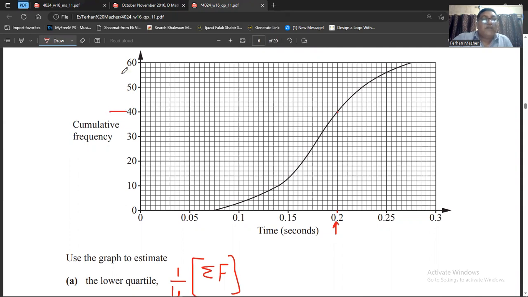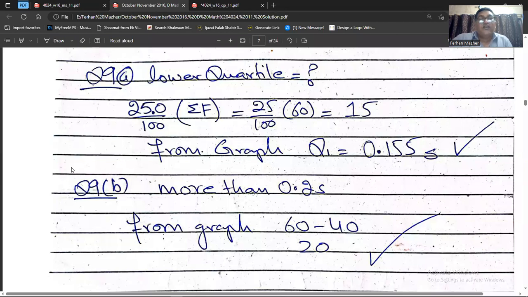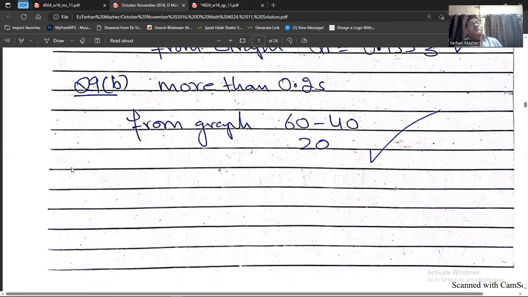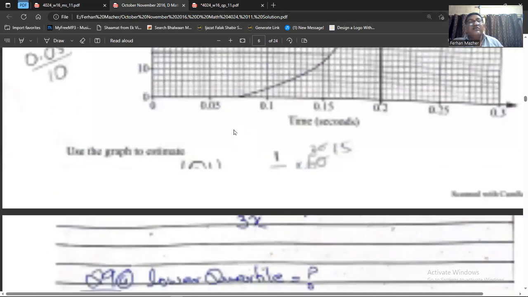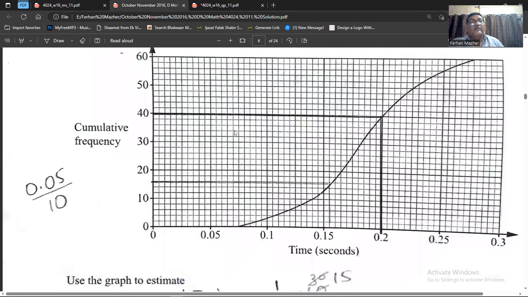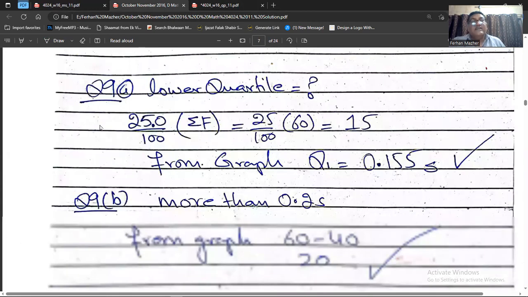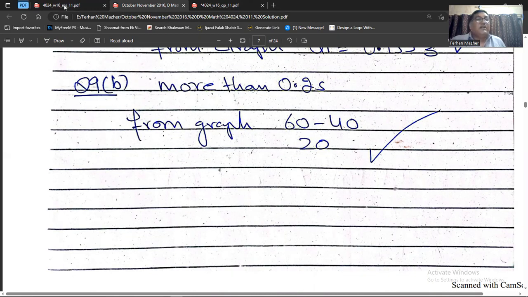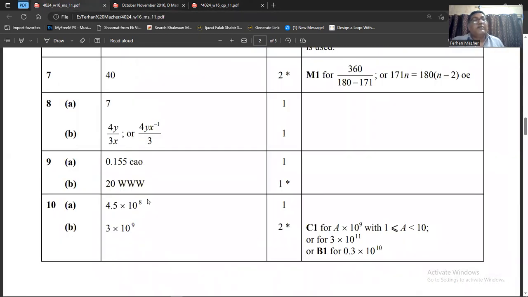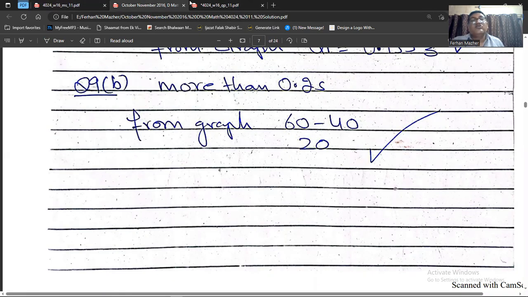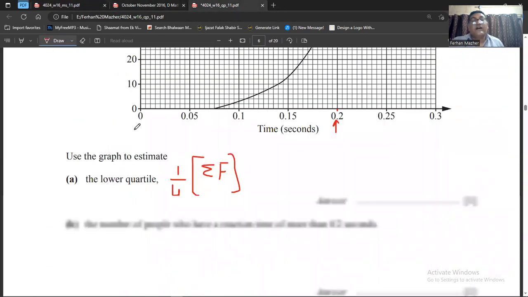Then you check how many people are above this. That will be 60 minus 40. So from the graph, I can tell you there are 20 people. So my answer is right. This is the solution, which I have given from the graph.